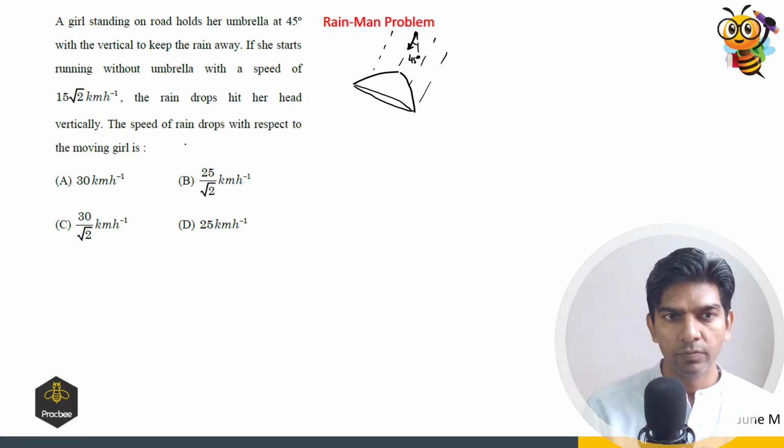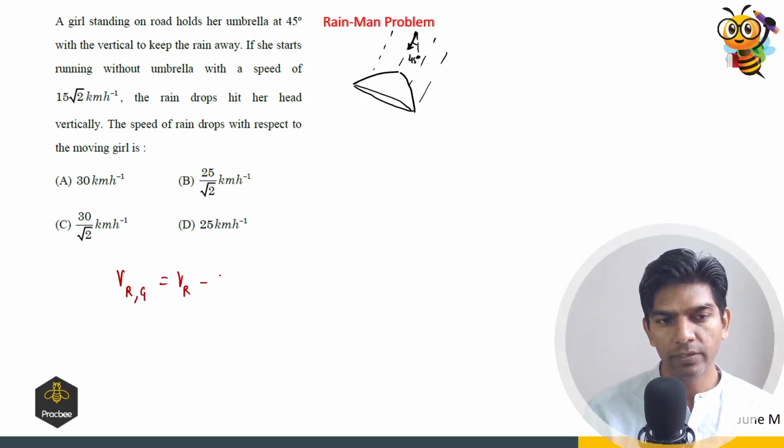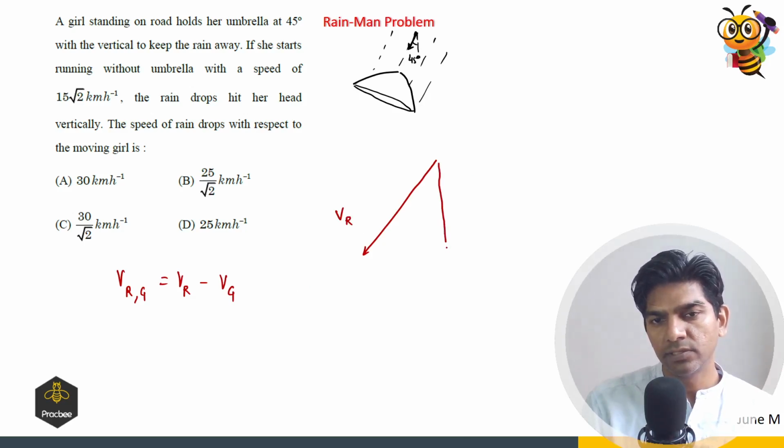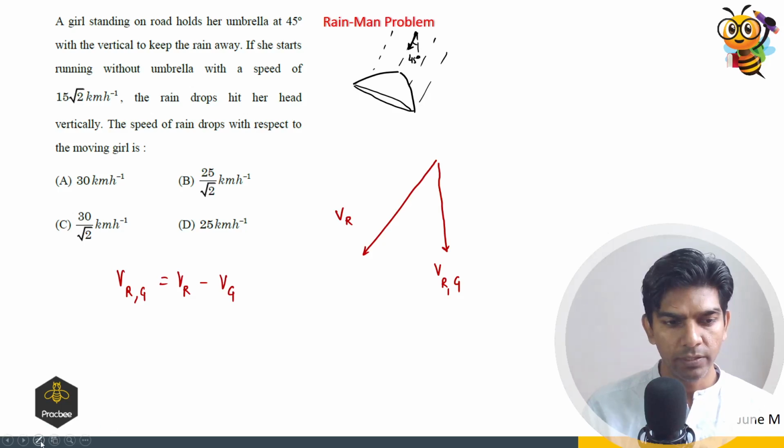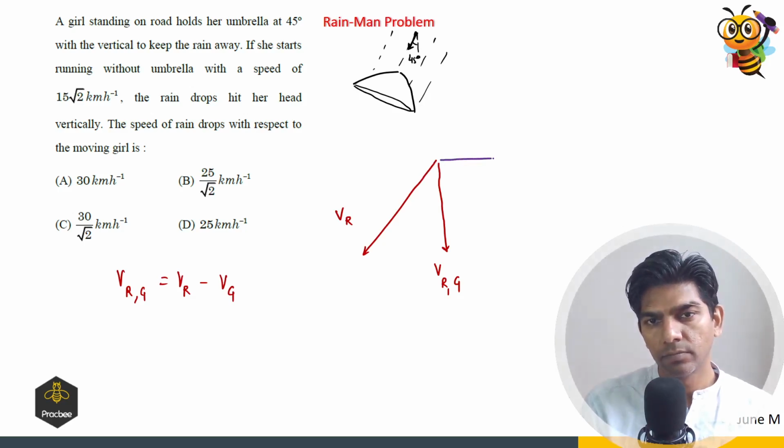Okay, so velocity of rain with respect to the girl is in the vertically downward direction, and this is nothing but velocity of rain minus velocity of girl in ground frame. So if this is the velocity of rain in ground frame, and this is the velocity of rain with respect to girl, so it means the girl velocity should be in the left direction, so that minus Vg is in the right direction.